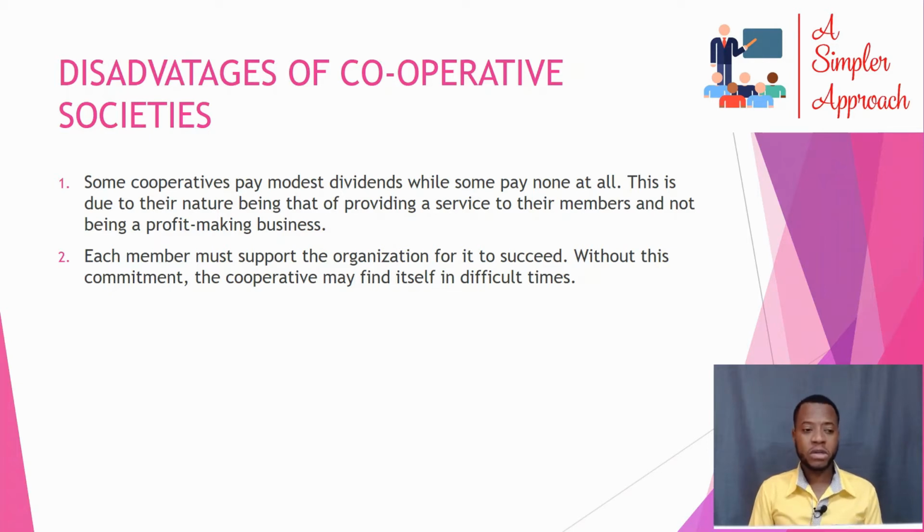And number two, each member must support the organization in order for it to succeed. If that doesn't happen, you will find that the cooperative will fall into difficult times. Okay? And this is a disadvantage because we are all coming together to accomplish a common good.